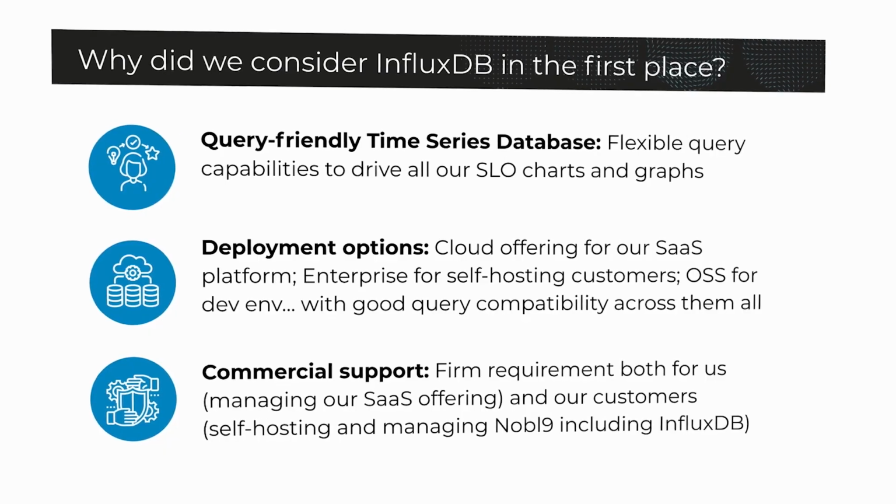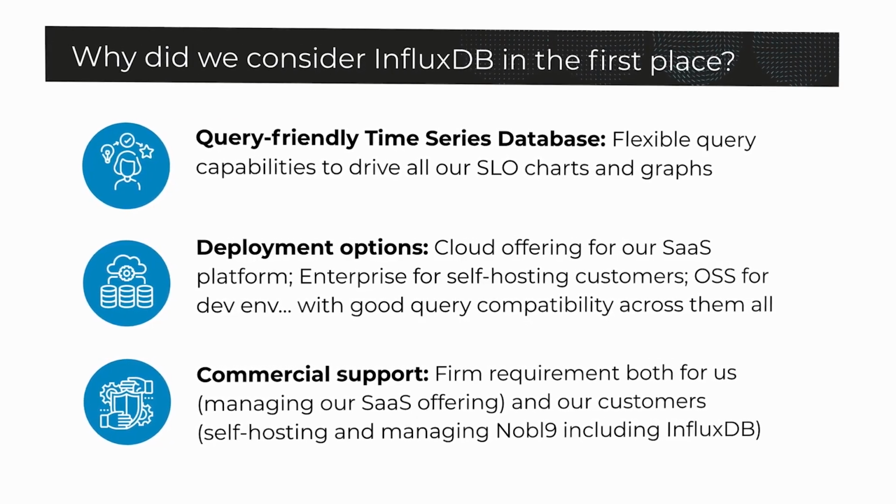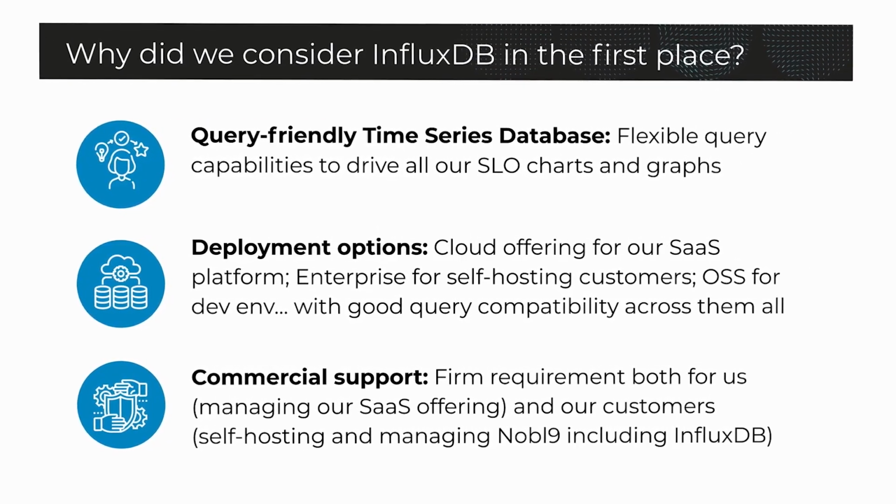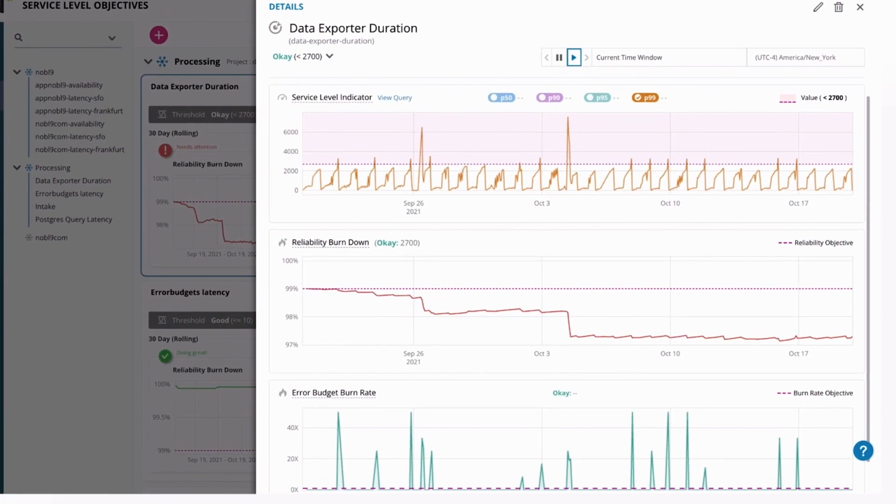The main reason that we settled on InfluxDB as we were shopping around is that InfluxDB has a very flexible query language, and as a general purpose time series database, it basically had the set of features we were looking for. As our platform has grown, we found InfluxDB Cloud to be a really scalable solution.